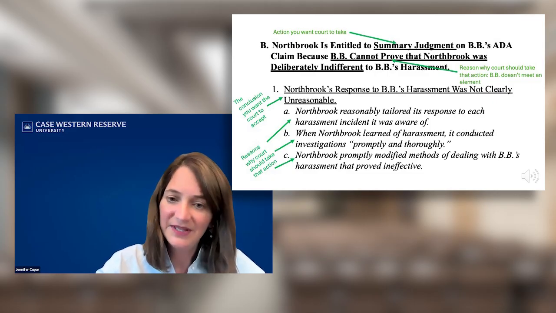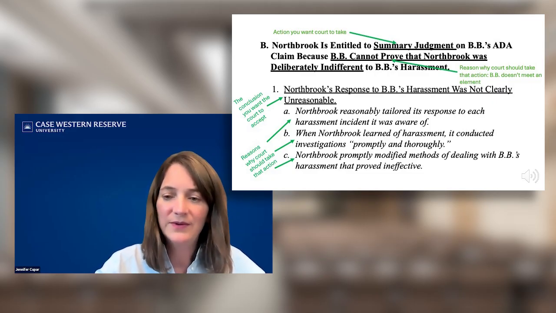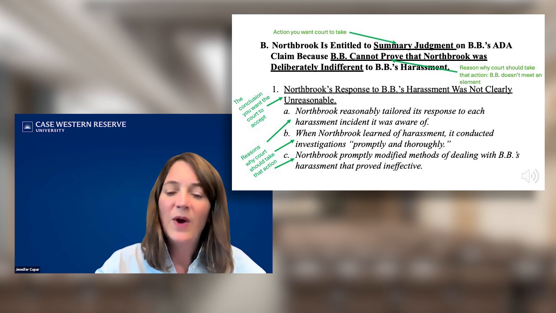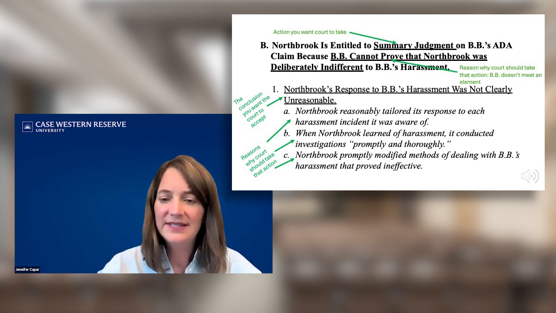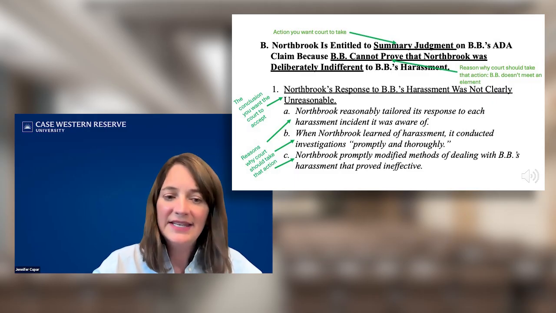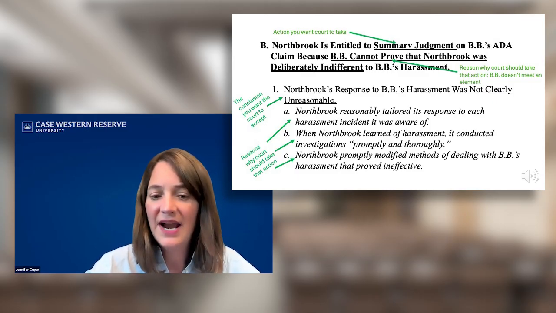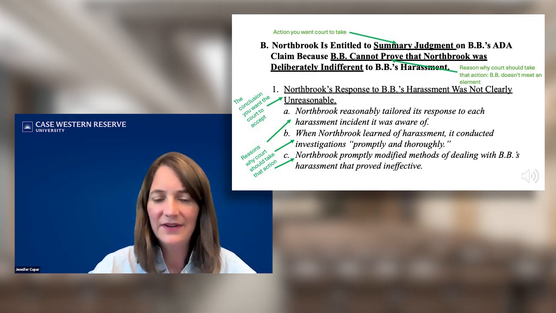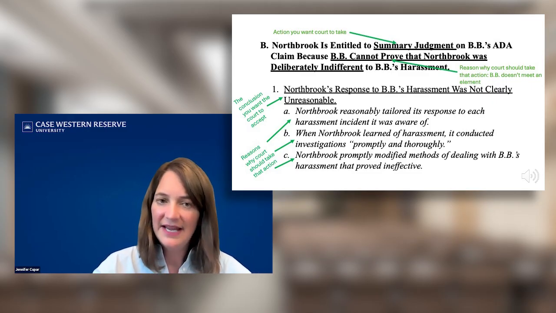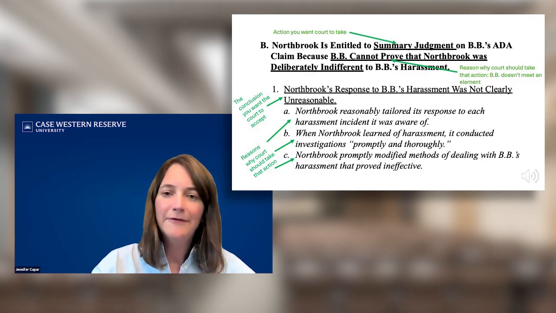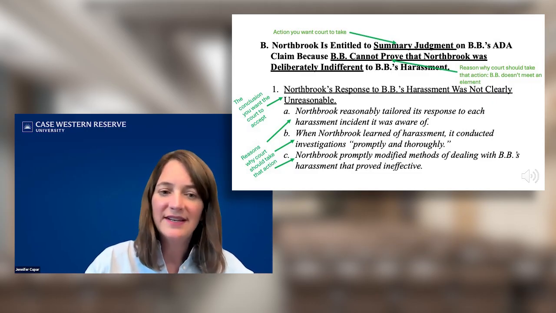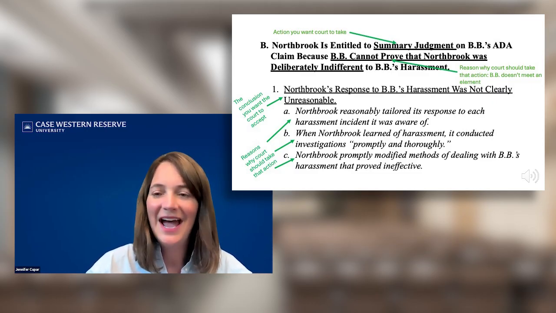The school reasonably tailored its response when it was aware of incidents. When the school learned of harassment, it conducted investigations promptly and thoroughly, and the school promptly modified methods of dealing with the harassment once it knew that those methods were ineffective. So this is a good example not only of point headings, but just understanding how to structure an argument.